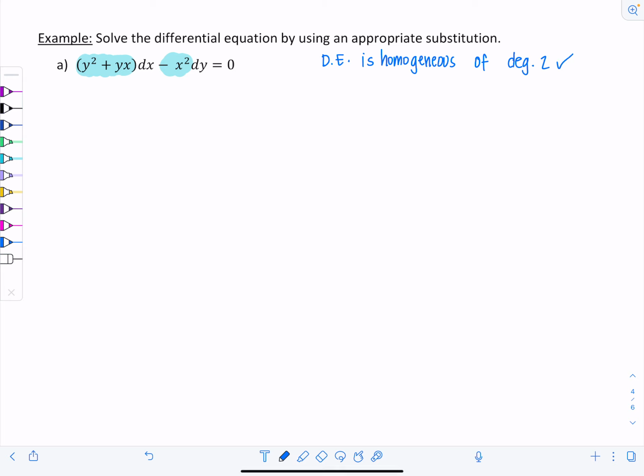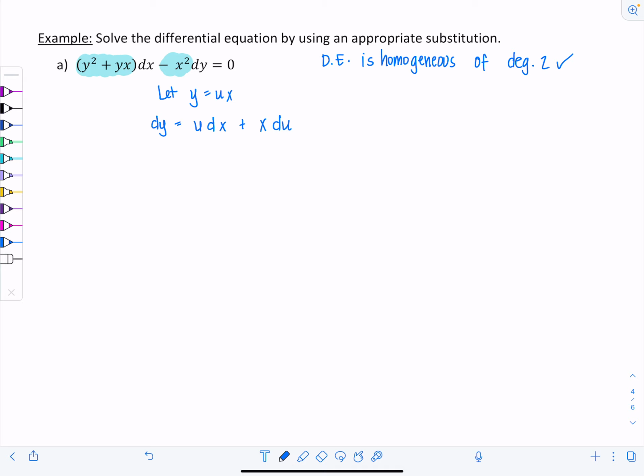Okay, so let's go ahead and make our substitution. Notice m of xy looks messier than negative x squared. So I'm going to substitute using y equal to ux. And then that means dy would equal u times dx plus x times du. Now let's substitute that into the original differential equation.